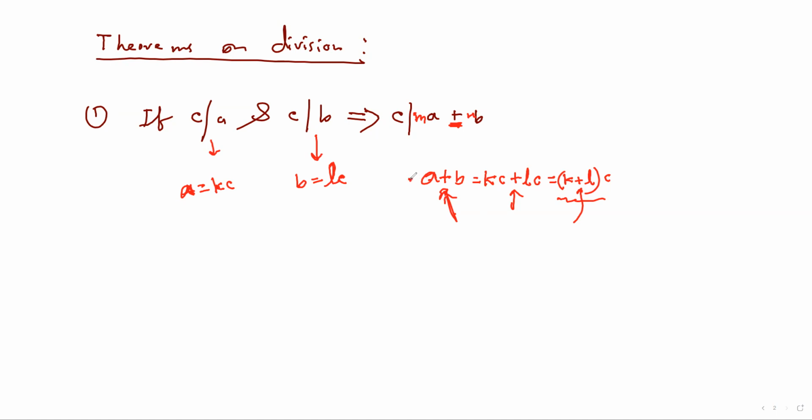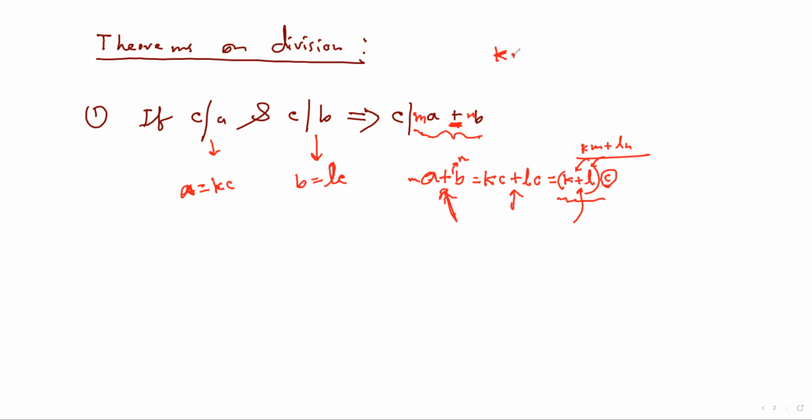In those cases, you just add the m here as a coefficient and add the n here as a coefficient. Then you could factor out the c in that case as well. Just the coefficient here would become something like km plus ln. But the coefficient doesn't matter. All that matters is you could take the c factored out, which means c divides this combination of a and b also. We call things like this a linear combination.